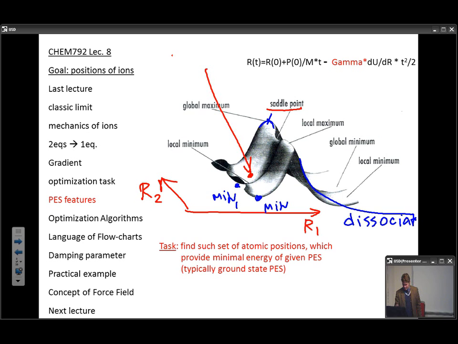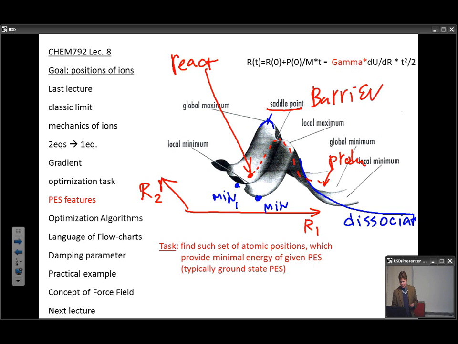For example, this could be reactant, this could be product. This saddle point can correspond to a barrier. So by the term geometry optimization, people imply the problem of finding the global minimum.